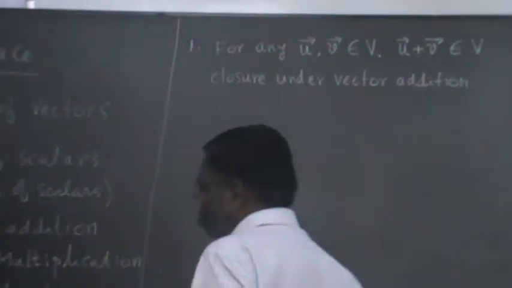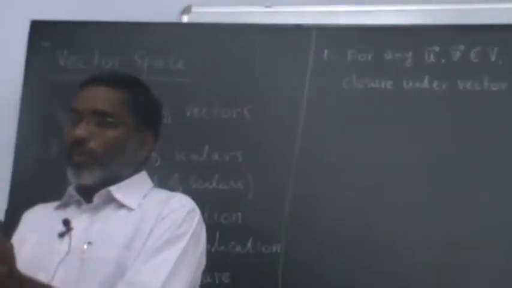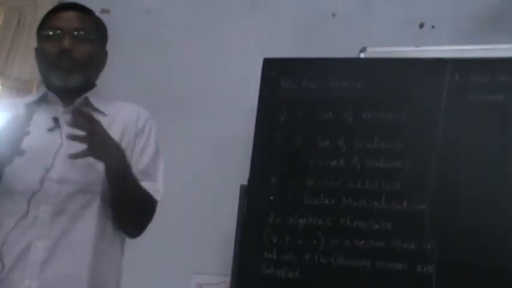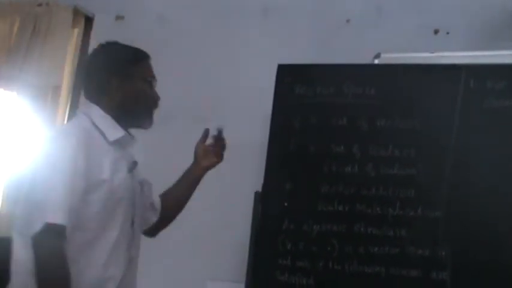That means you should not take two vectors from the space, add them and produce a vector which does not belong to that space. Then you say that it is not closed, it is taking it out of the space, right? So such a thing should not happen. Every two vectors you take, when you add them, you should get a vector within that set.